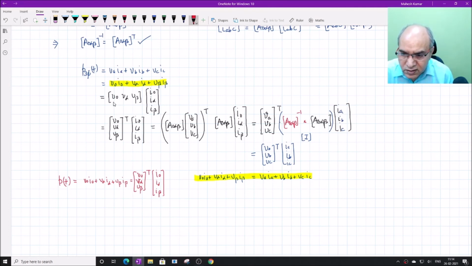And the instantaneous reactive power is defined as the cross product. It could be like V alpha cross I beta plus V beta cross into I alpha.